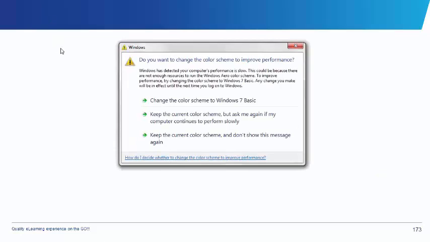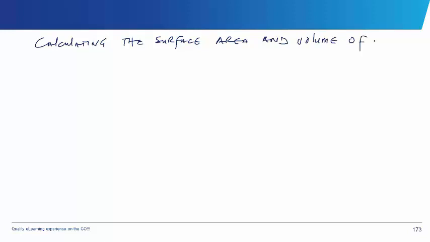So we're going to be calculating the surface area and volume of a frustrum. We need the following steps.